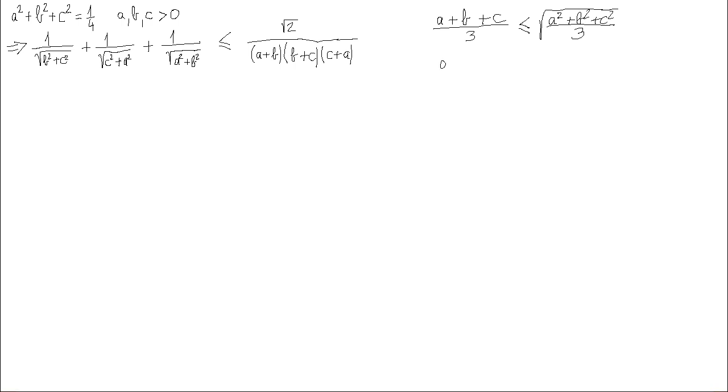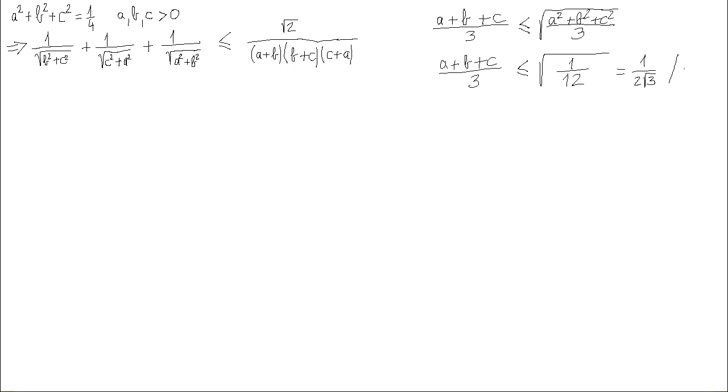So here we have that (a plus b plus c) over 3 is less than or equal to the square root of 1/4 over 3, which is altogether 1/12. So this is simply 1 over the square root of 12, which is 2 square root of 3.